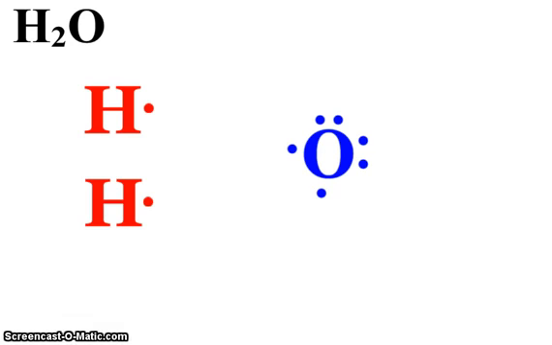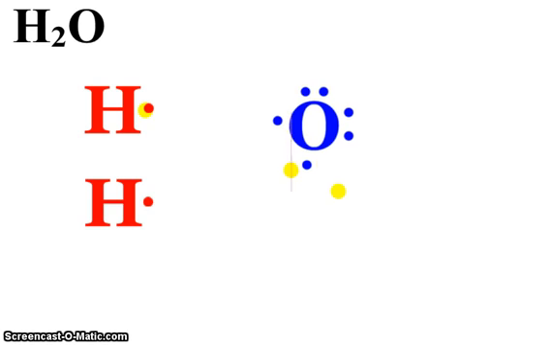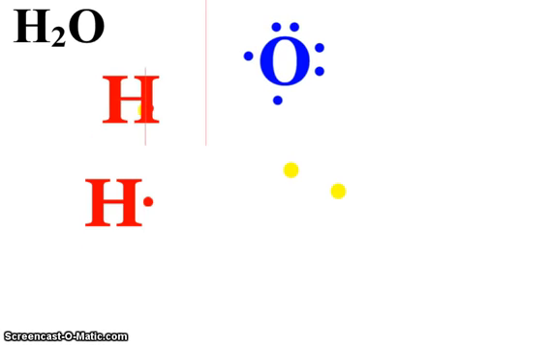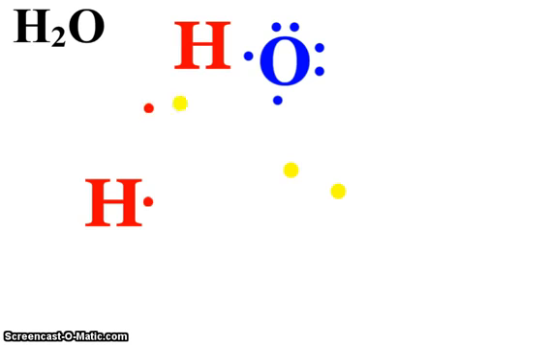And there are 2 spots for more electrons because oxygen really wants 8. And hydrogen, you see, only has 1 valence electron. And so that's why they go together so well. Hydrogen will share the valence electrons. So I'll move these. Hydrogen will bring its valence electron to share with oxygen.